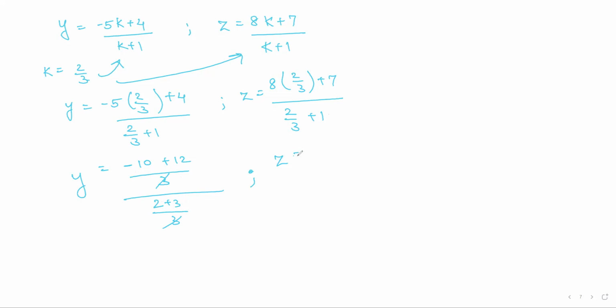And here z will be equivalent to 16 plus 21 upon 3 upon 2 plus 3 upon 3. 3 again will get cancelled. You can take the denominator, flip it and multiply it with the numerator. That is also possible. This is 2 upon 5 y, and your z will be equivalent to 37 upon 5.